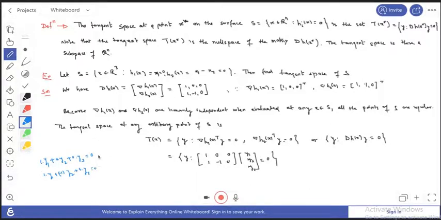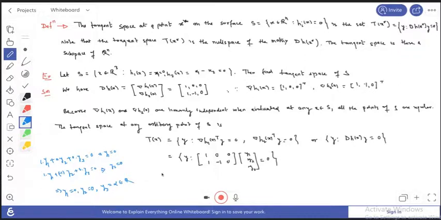So from the first equation you get y1 is 0, and from the second, if y1 is 0, you get y2 is 0. Combining these two, y1 is 0, y2 is 0, and y3 can be any number, because you are not able to find the value of y3. This means y3 is any value alpha which belongs to the reals, because this is R3, so this is any real number.